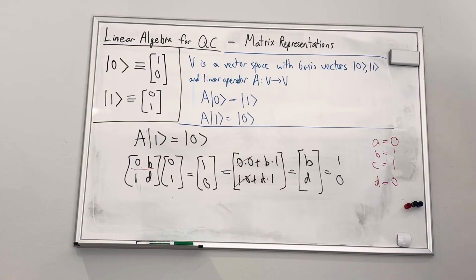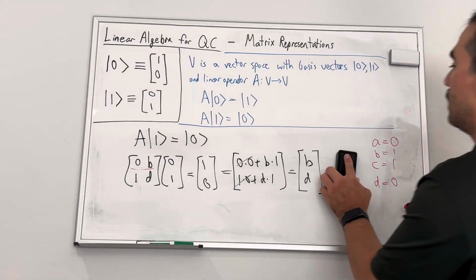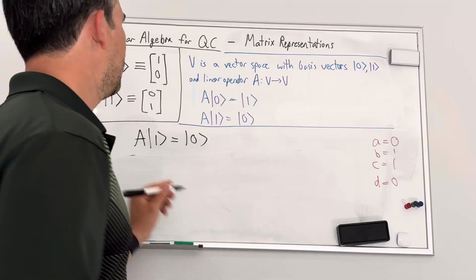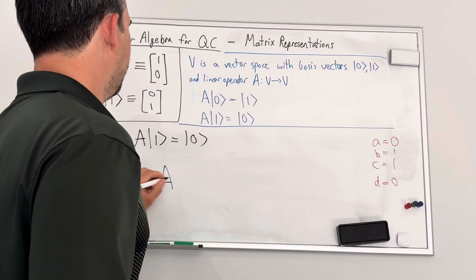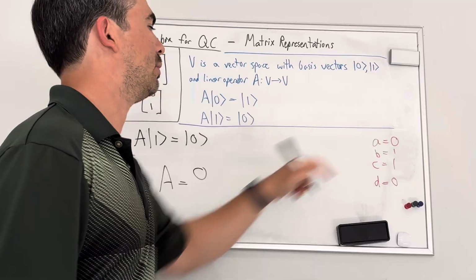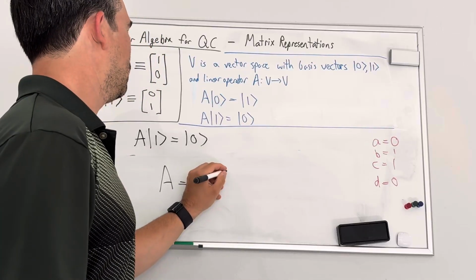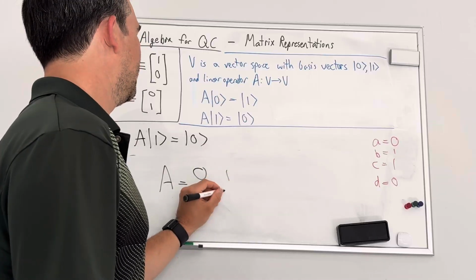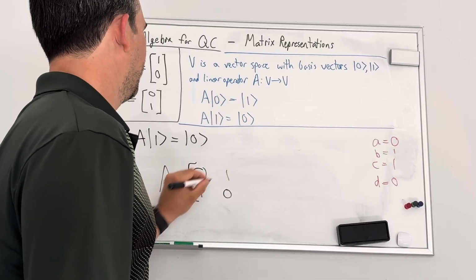So I can write my matrix A as a 2 by 2 grid. So A equals a is 0, b is 1, c is 1, and d is 0.